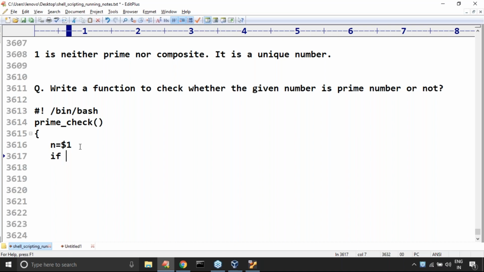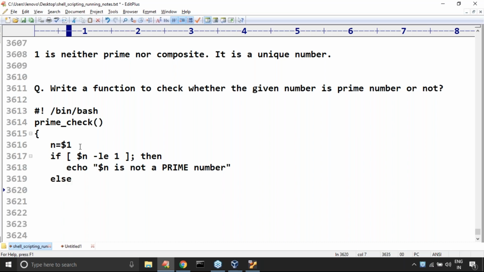If $n is less than or equal to 1, then echo "$n is not a prime number". Any doubt? Please confirm. Any doubt about this one? So if $n is less than or equal to 1, it's not a prime number.